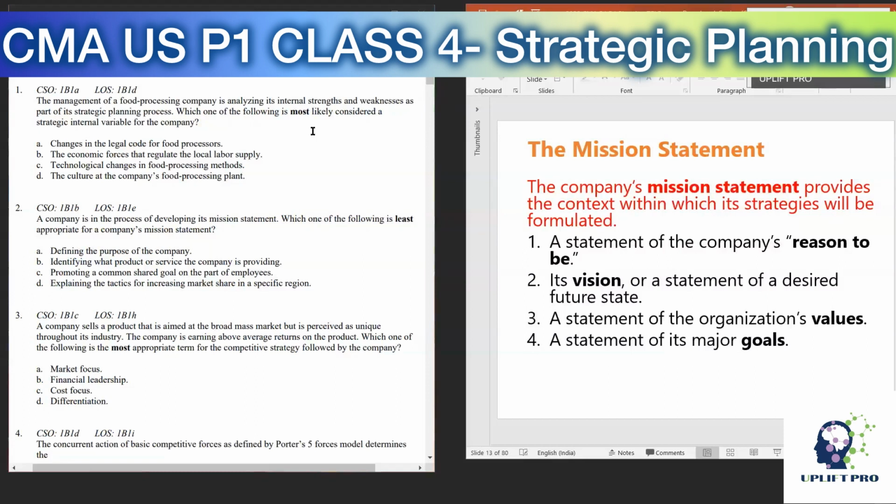Are you saying competitive or competency? Competency. So what competency is there? Competency is a unique differentiation in a product. Okay. So you are choosing differentiation because the product is unique. Yes, sir.